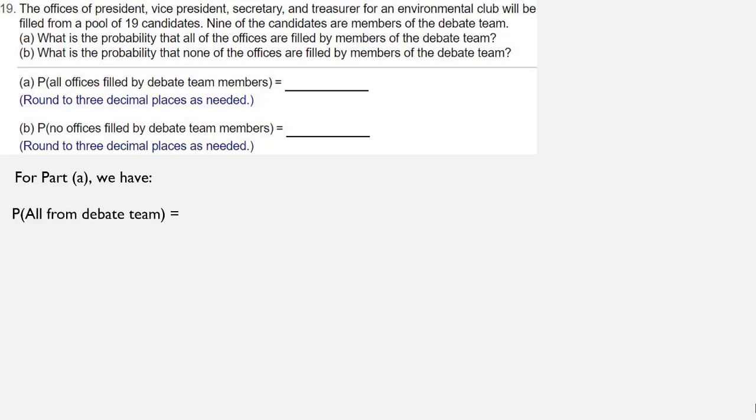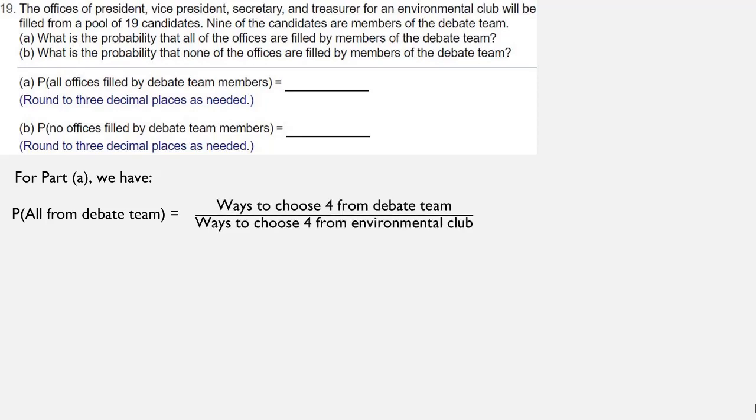What we're really asking is we need to know, first of all, how many different ways are there to fill these 4 positions from the 19 members of the club. So that's 19C4. That's going to be our denominator. And then how do I ensure that they are all filled by members of the debate team? Well, that means I would have to choose the 4 from the 9 that come from the debate team.